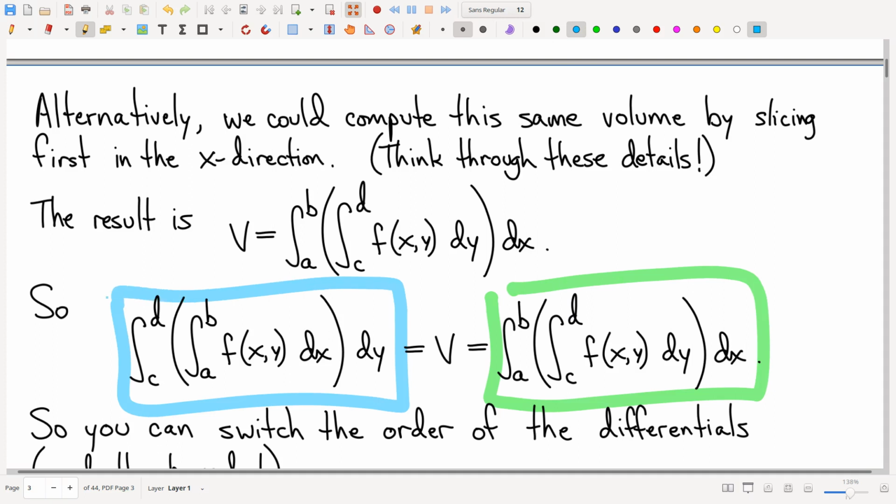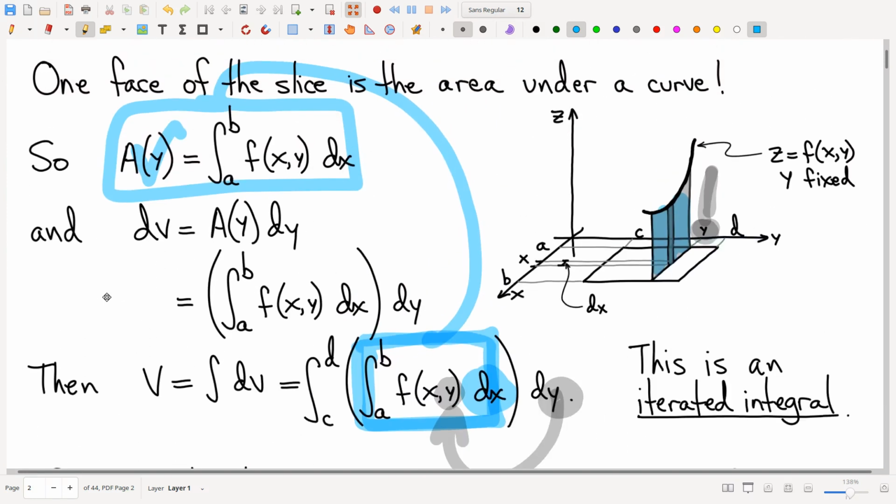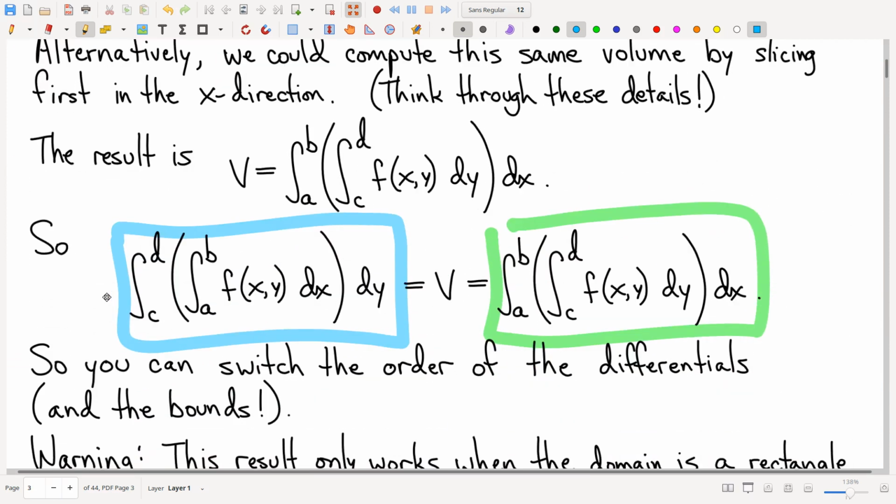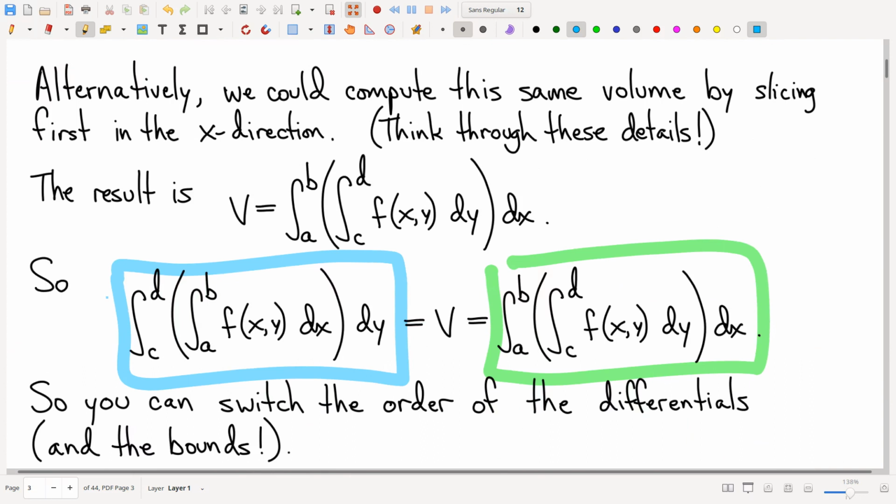And I'm going to leave it as an exercise for y'all. I think this is a good, healthy exercise. Step one, make sure that you understand this argument. Think it through. Rewatch the video if you have to. Make sure you're comfortable with what happened here. And then just think through strategically the same approach, but slice it in the other direction, and you'll end up with this as your result. Computing the same volume.